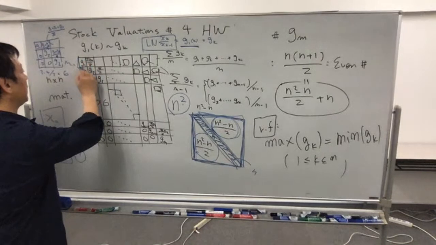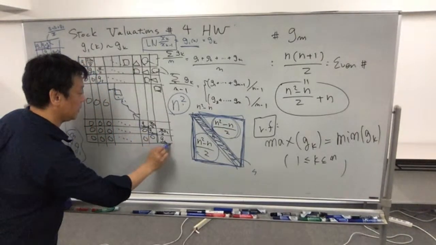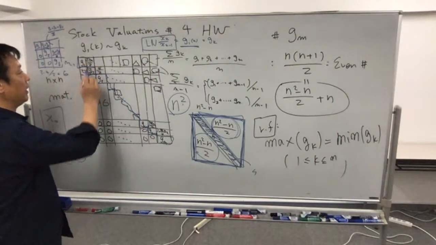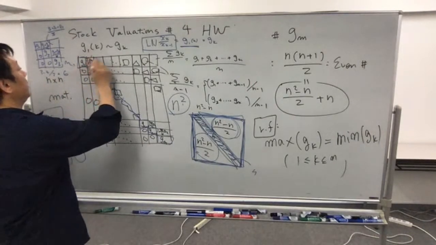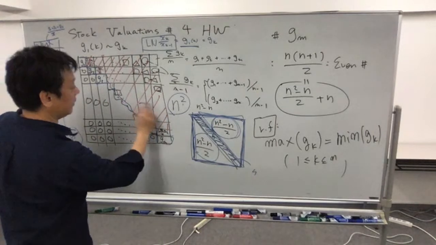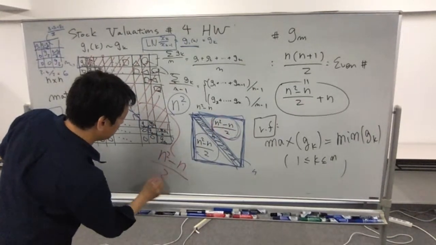But if you look at the n trace members, this area would be n squared minus n over 2.